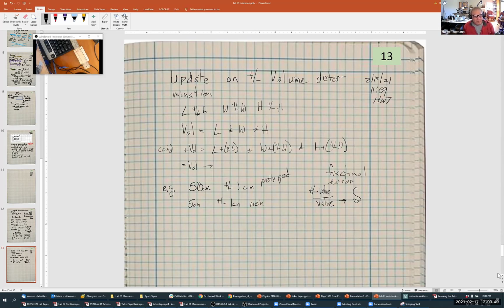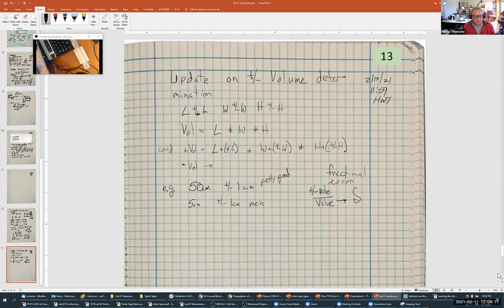But if we now want to use our Pythagorean theorem idea, our answer is not going to reflect the fact that this is very good and this is so-so.